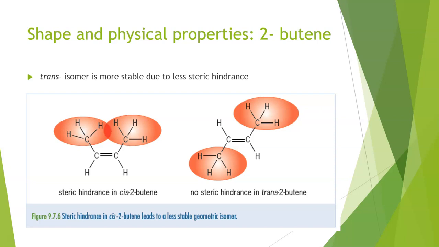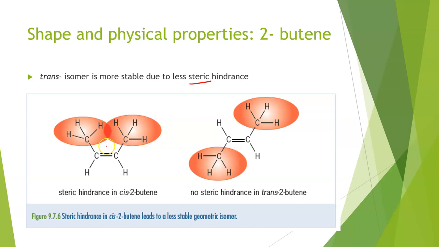So always consider what the groups will be doing and the size. When we talk about groups coming in together, if we have large bulky groups that might interfere with each other or overlap, we refer to this as steric hindrance.